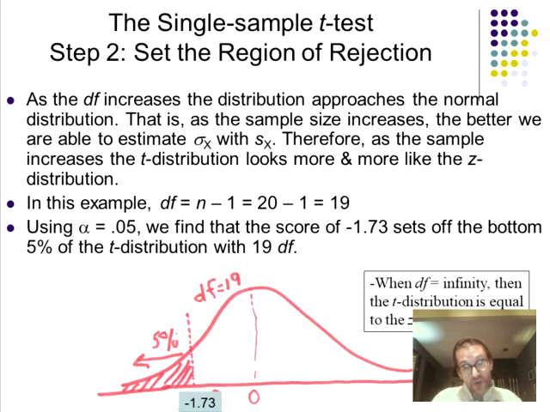If I had been clever, what I would have written, just like last time I put z sub crit, well, this one should be t sub crit. This is a critical value of t. We are now going to do a t obtained, just like we did a z critical, a z obtained. Well, we have a t critical, and now we're going to do a calculation for t obtained. But otherwise, same, just a slightly different distribution.